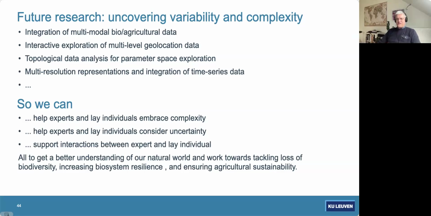Instead of throwing complexity away, instead of throwing outliers away, instead of looking only at a limited number of dimensions, embrace that complexity. That's as much a philosophical question as a technical or a research one. To look at uncertainty, that's something else that's very difficult to get people to think about. If you think about the infection models during COVID, that was not easy, right?